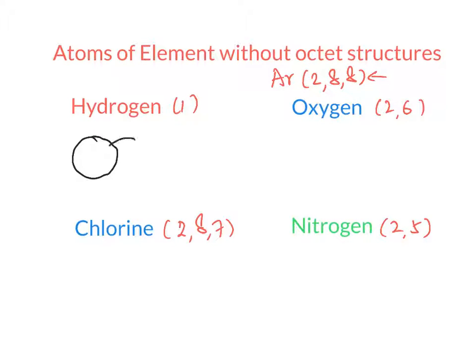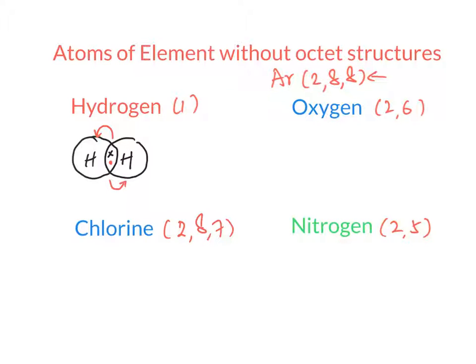Take hydrogen. Two hydrogens stick together, and we draw a dot and cross diagram. The cross refers to this hydrogen's electron, and the dot comes from the other hydrogen. If you cover up one of the hydrogens with your hand, you'll find this hydrogen has 2 electrons.